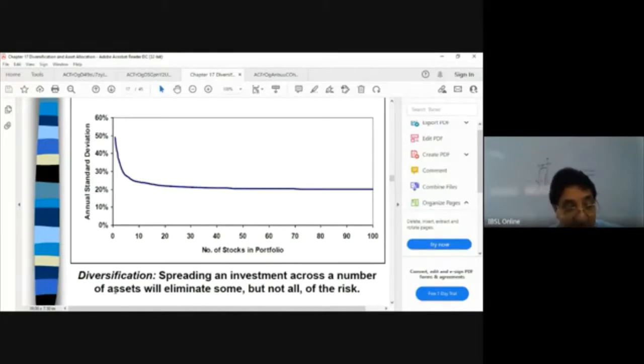But when he adds another asset, there will be the diversification effect, and the total risk comes down to a certain extent. That is why this diagram shows that as you add assets to the portfolio, your total risk gradually comes down. It reaches a certain level, and thereafter, even though you add assets, it won't come down.